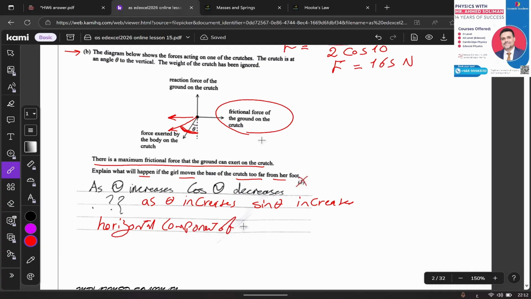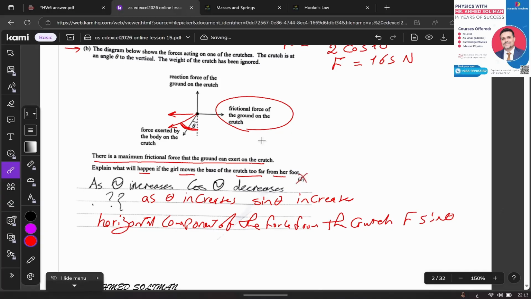of the force from the crutch, F sine theta. Okay? So now as theta increases, what happened?